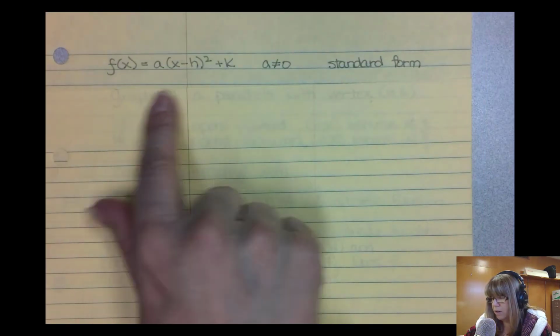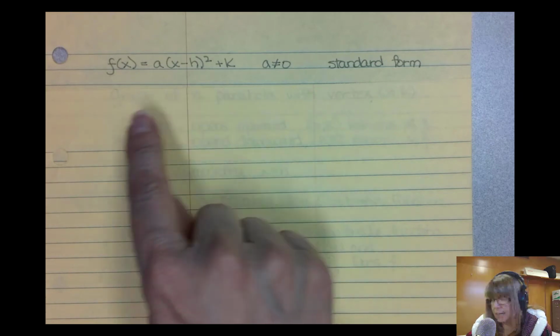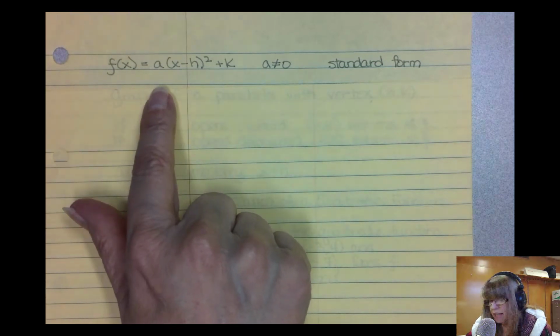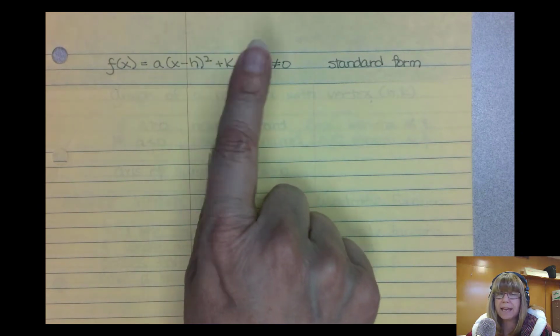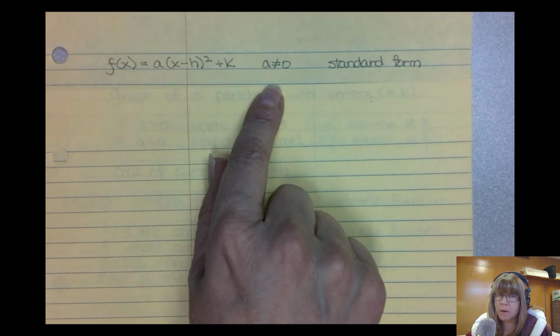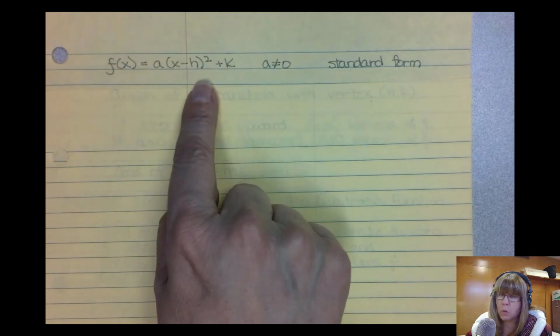All right, here is our second standard form, and it is f of x equals a times the quantity x minus h all squared plus k. And again, a cannot be 0. If it is, we get rid of this quadratic term and it's no longer a quadratic equation or a quadratic function.